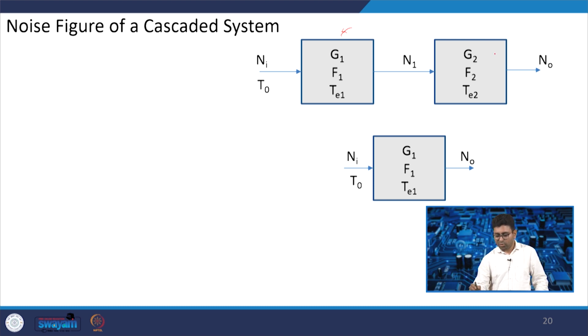Now, if we want to replace this with the equivalent, it is written as G cascade, F cascade and Te cascade, because we have cascaded the system.